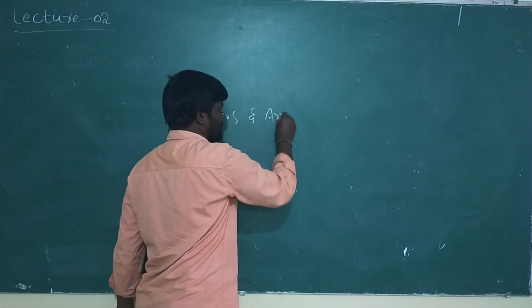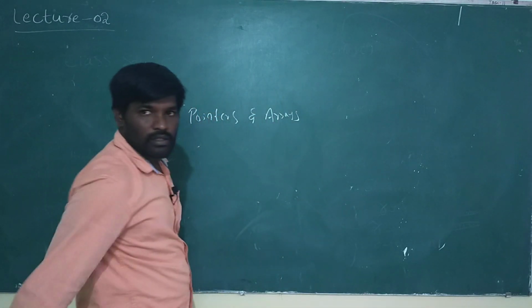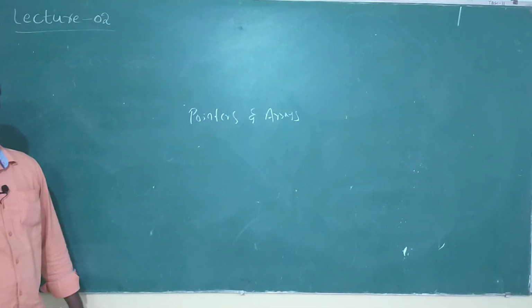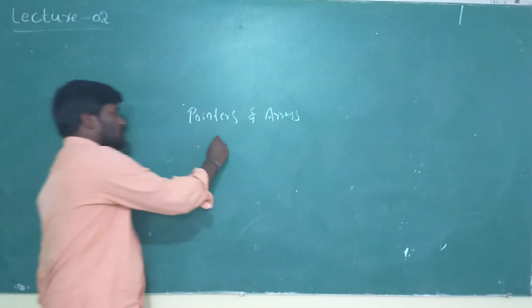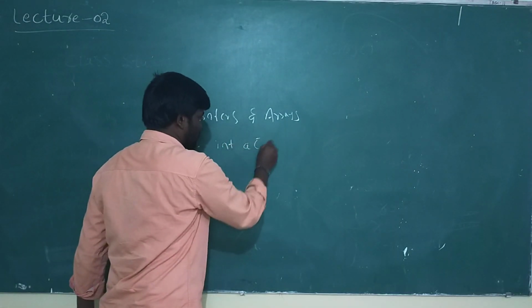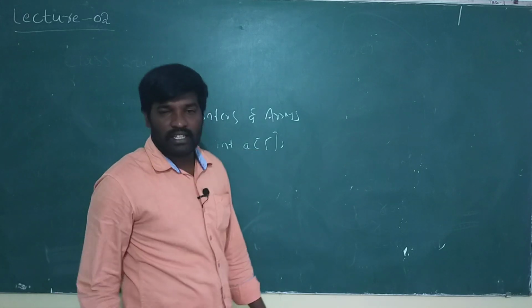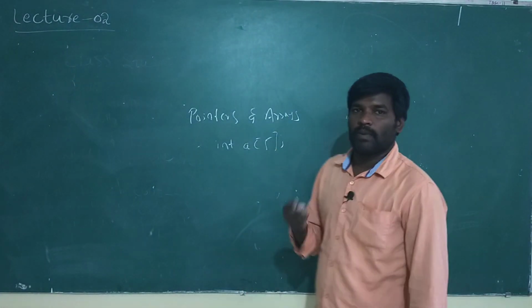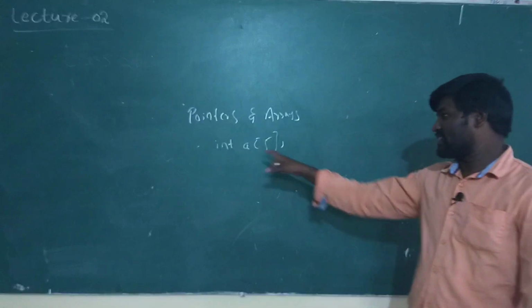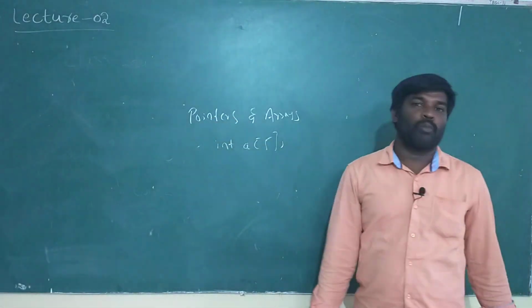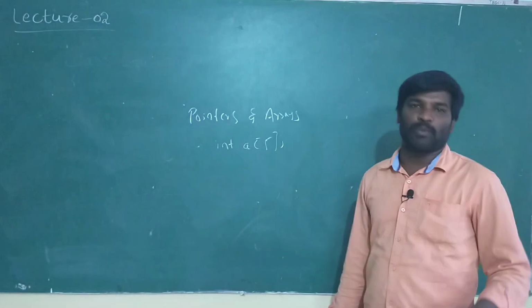Array means it is a collection of homogeneous data elements. For example, int a of 5. It means that a can contain 5 elements of type integer. So how is the array converted to a pointer at the time of writing the program?